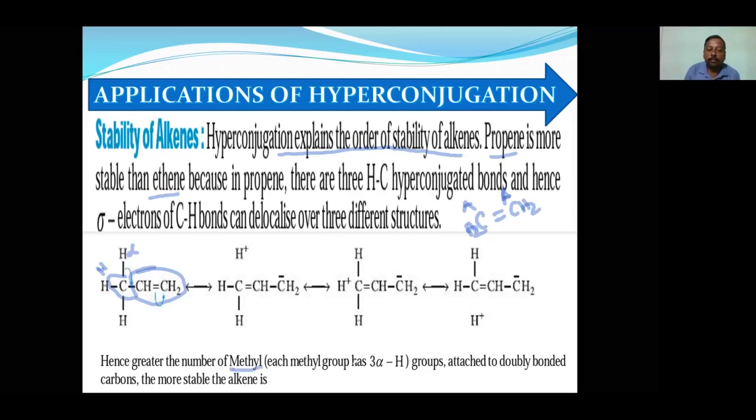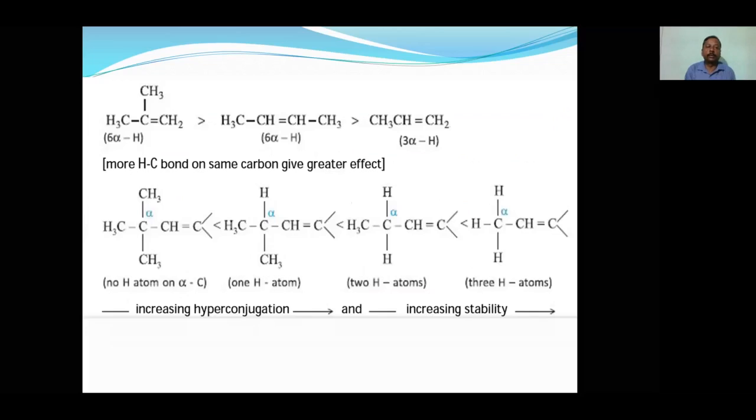Hence, the greater the number of methyl groups, the greater the alpha hydrogens, and the more the stability. If more structures are given, this is a very simple question. Sometimes they may increase the number like this. The main problem students face is identifying the alpha carbon and the alpha hydrogen.